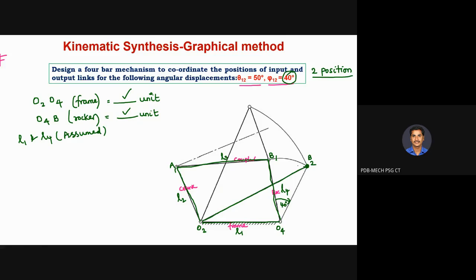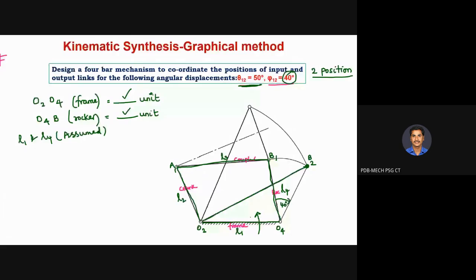After this, in that case, we will rotate the O2 O4 frame opposite to the crank rotation. Correct? Yes, sir. Opposite to the crank rotation, θ12 is 50 degree. The same 50 degree will be tilted opposite to the crank rotation in the frame.